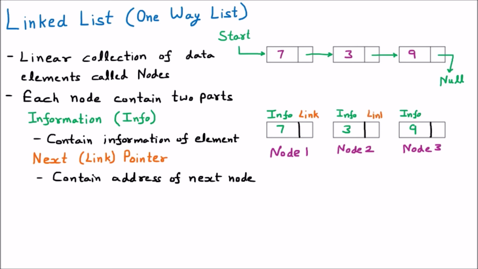Every node contains the second part, called the link part, and this link part contains the address of the next node. You can see that we are storing the address of the next node, meaning where the next node is placed. So this is the link part. This link is the pointer which is pointing to the next node.